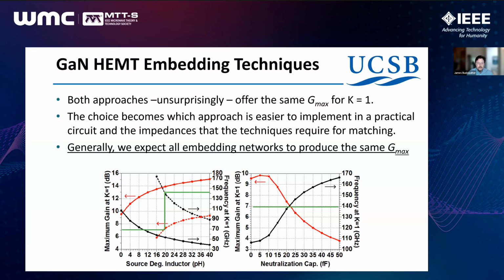And so one of the things we point out with this very simple model is we tend to expect that embedding networks will produce similar Gmaxes if the feedback is right at the edge of conditional stability. And so that's one of the general observations. It's probably true, and the question just becomes what embedding network is best.